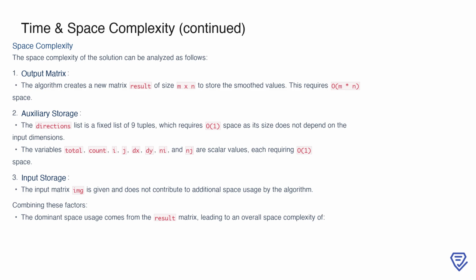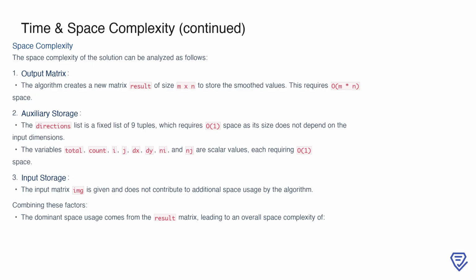Next, let's analyze the space complexity of the solution. The algorithm creates a new output matrix result with the same dimensions as the input image, which requires O(m*n) space. Beyond this, there is a fixed list of directions with 9 tuples, representing the relative positions of potential neighbors. As the size of this list does not depend on the input dimensions, it requires only O(1) space.